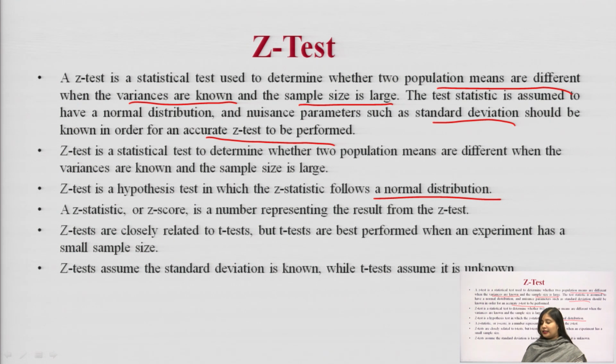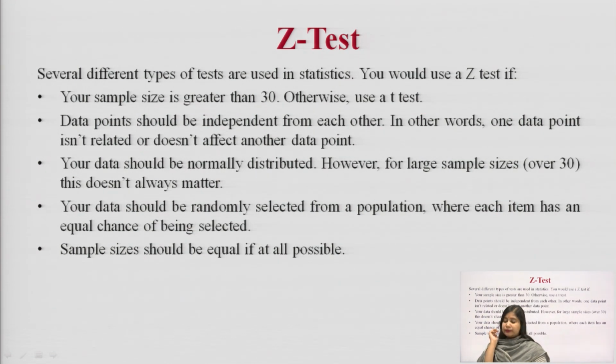The Z test is closely related to the t test, but the t test is best performed where the experiment has a small sample size, but when the sample size is large, then we use the Z test. The Z test assumes the standard deviation is known, while in the t test the standard deviation is not known.